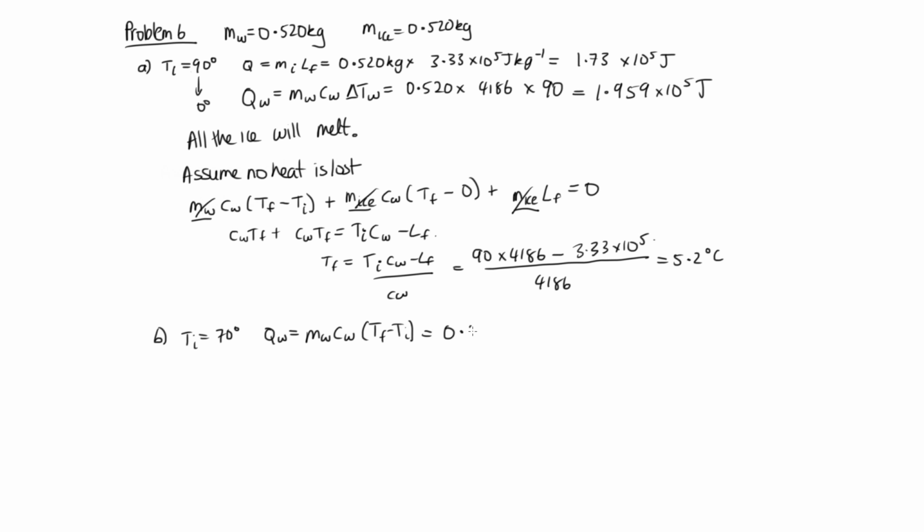So this is equal to 0.520 times 4,186 times 70, and solving that we end up with 1.52 times 10 to the 5 joules.